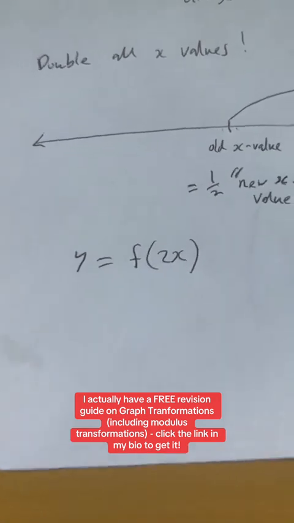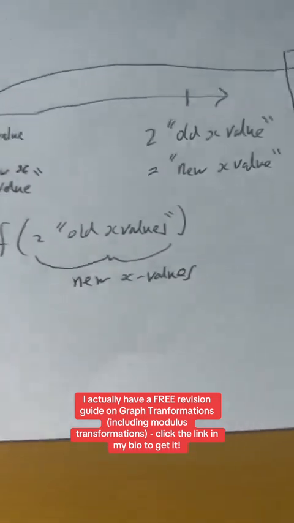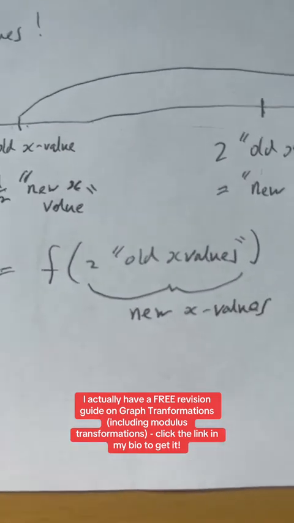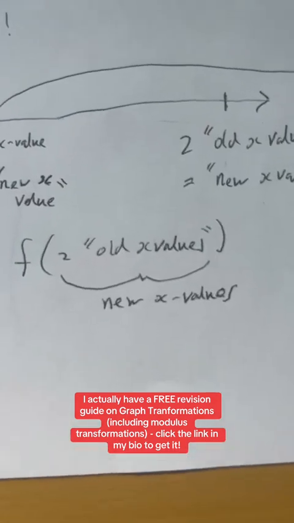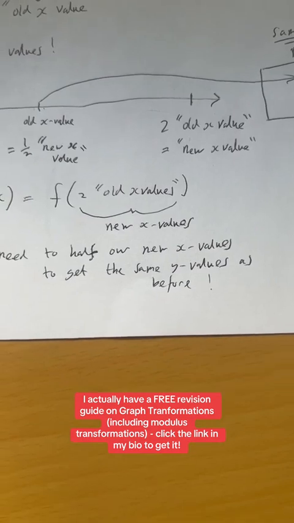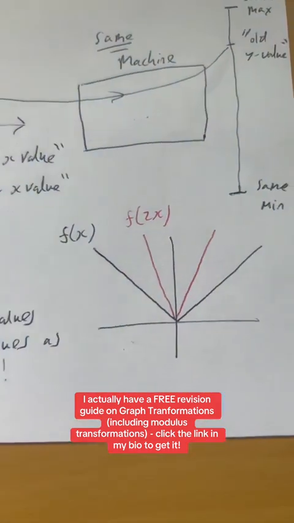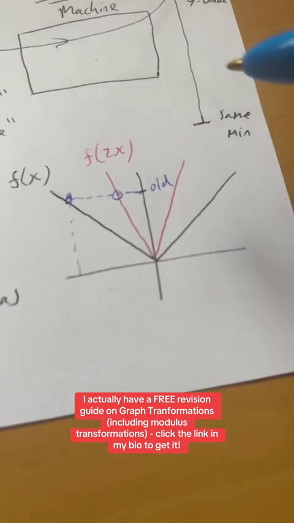Basically, what we've just done is take a graph y equals f of 2x, where this x was our old x value. We've doubled it to get our new x value, so 2x is our new x value. And what we established in this diagram is that we need to halve our new x values to get the same y values as we did before. And that's why f of 2x actually squishes in your graph and not pulls it out. As an example, notice that if you have your old y value, we have to halve the x values to get the old y value.